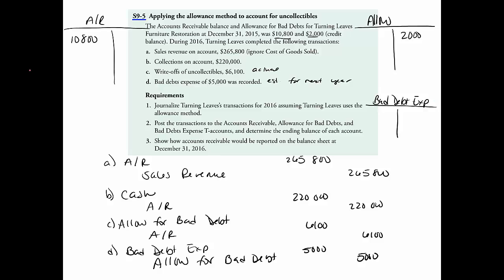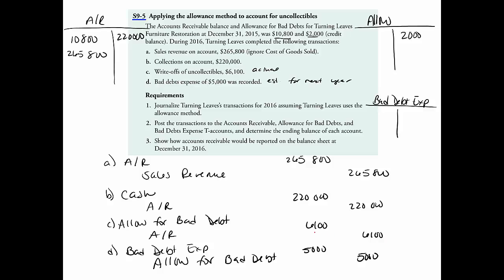Now we have to update these accounts with what we did down here in the journal entries. In transaction A, I debited accounts receivable for $265.08, so I'll put that here. In B, I credited accounts receivable $220, so I'll put that on the credit side. This is back to just journal entries and T accounts that we did in Chapter 2, so hopefully you still remember all that.